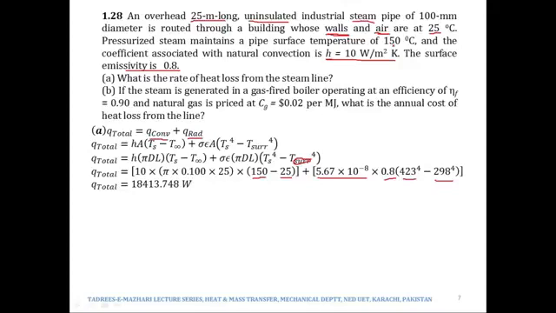So there would be a small difference between the inner surface temperature and the outer surface temperature of the pipe. Why? Because if it is a metallic pipe, it would offer low resistance, and if the resistance is low, the temperature difference would not be that large.